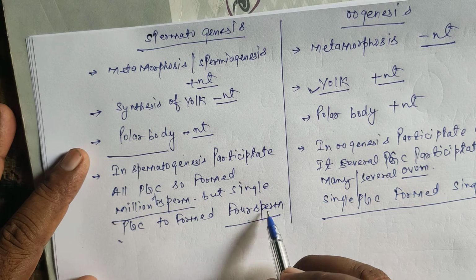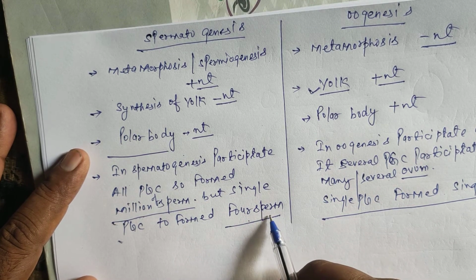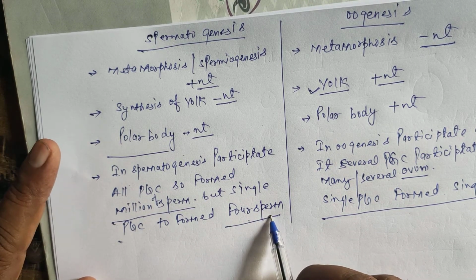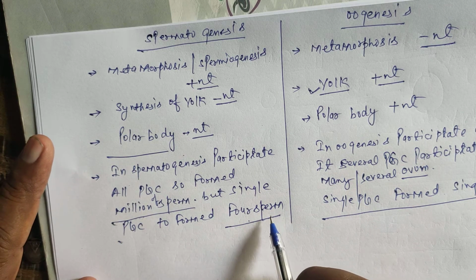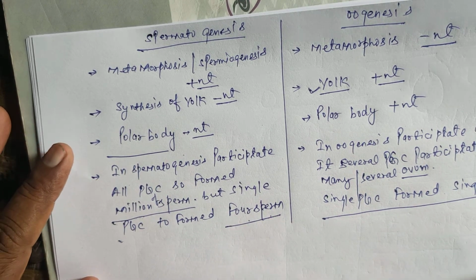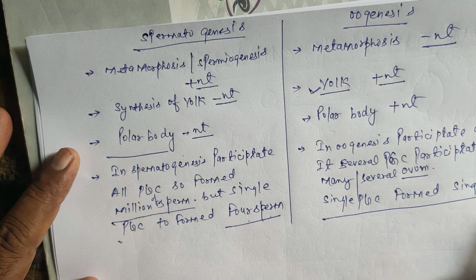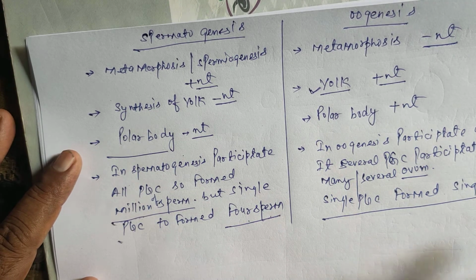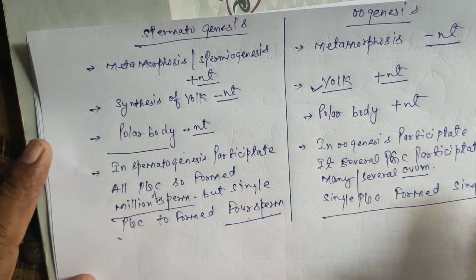Next, the male gamete or sperm is spoon shaped and motile, but the female gamete or ovum or egg is round in shape and non-motile.